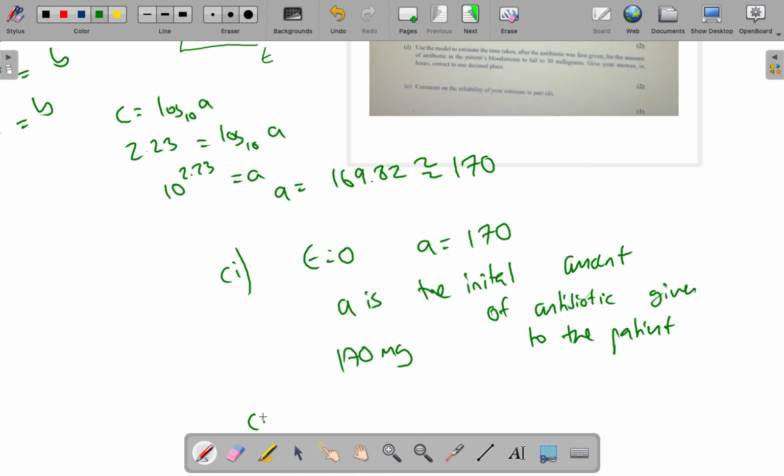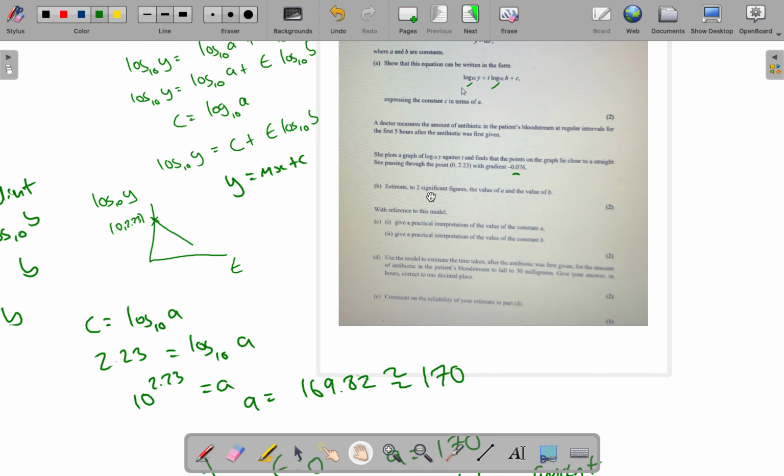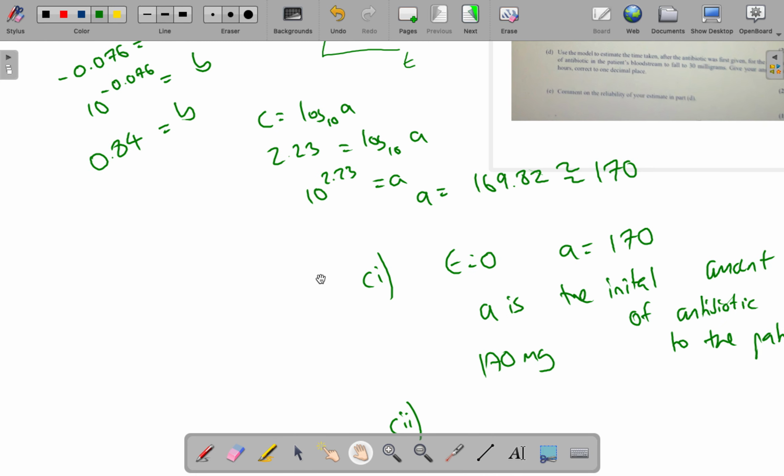And then part C, in this one here, it tells you give a practical interpretation of the value of the constant B. So B tells you the rate of change of the antibiotic with time. Okay, so remember it's the gradient.